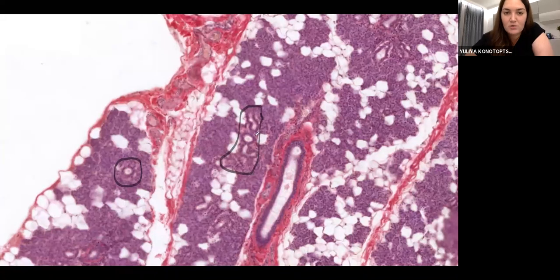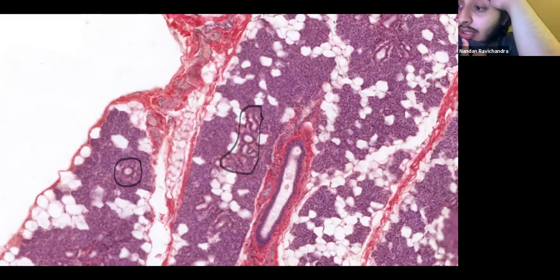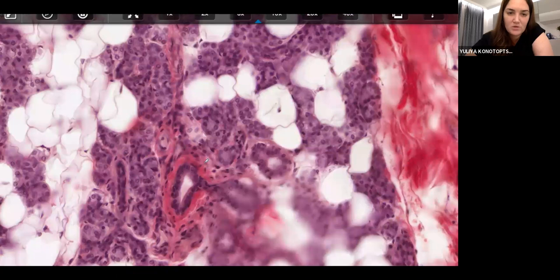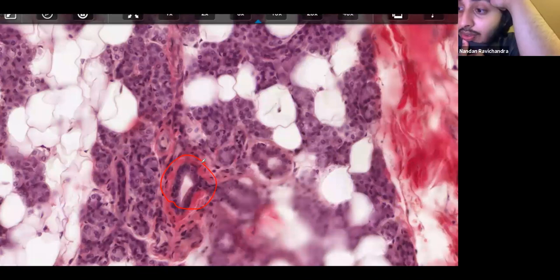Okay, so what are those? Striated ducts. Okay, so let's try. For example, this one, it's my favorite. Which one is it? It's in the connective tissue, so it's intralobular. Full name, please.